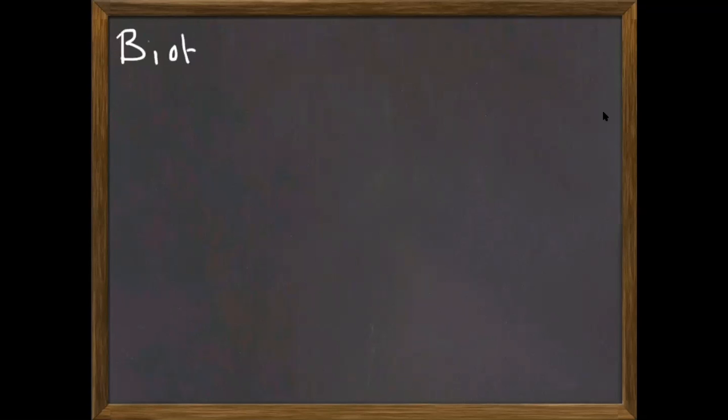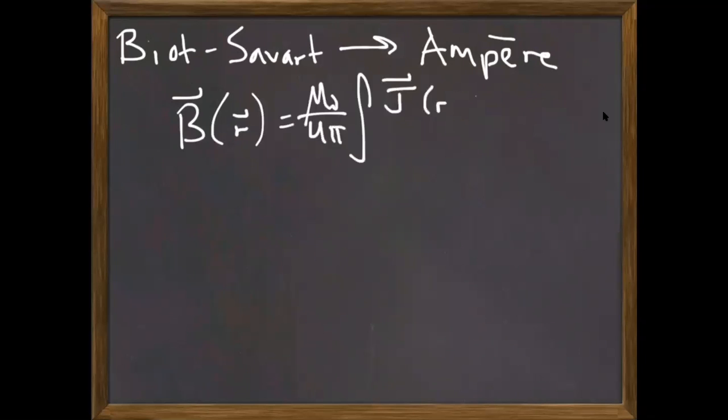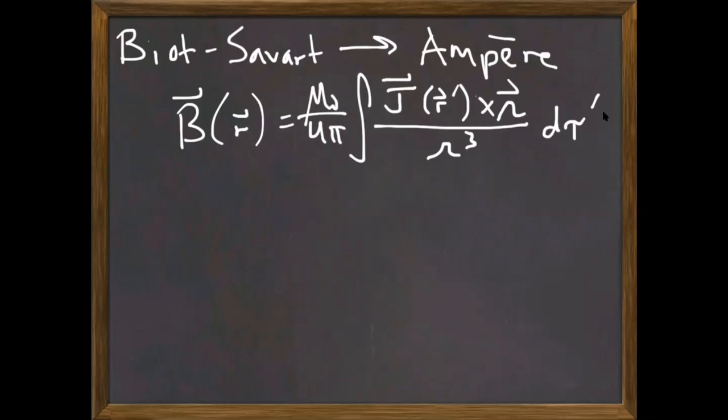So first things first, we started off talking about magnetism by introducing the Biot-Savart law, which was empirical. It came from experiments, and we just sort of wrote it down. And here is the form of it for a volume current density J. It lives up in the numerator.